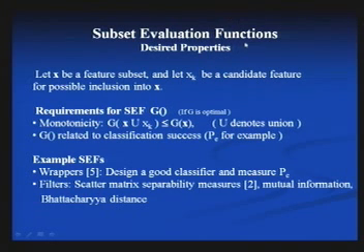Okay, now as far as the subset evaluation functions, let X be a feature subset, and then X sub K could be a candidate feature for possible inclusion into the subset. A good subset evaluation function G would have monotonicity.